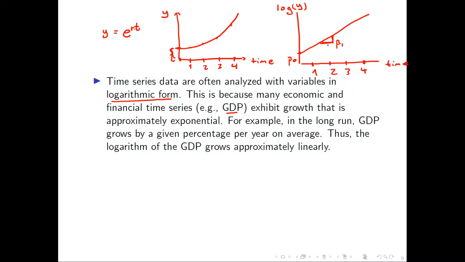So you could try to do this using, for example, a stock index like the S&P 500: plot the data, take the logarithm of the index and plot it against time. And then you could fit a linear regression on that.